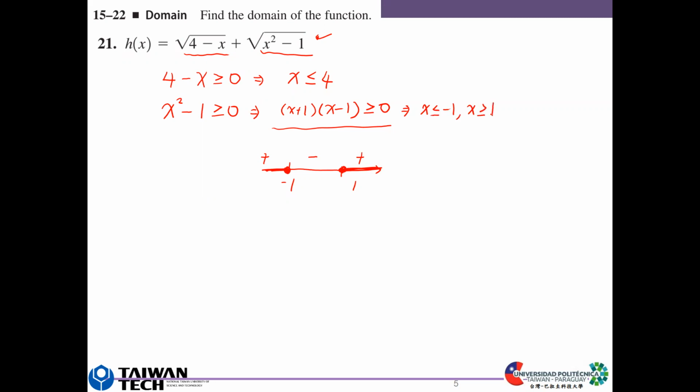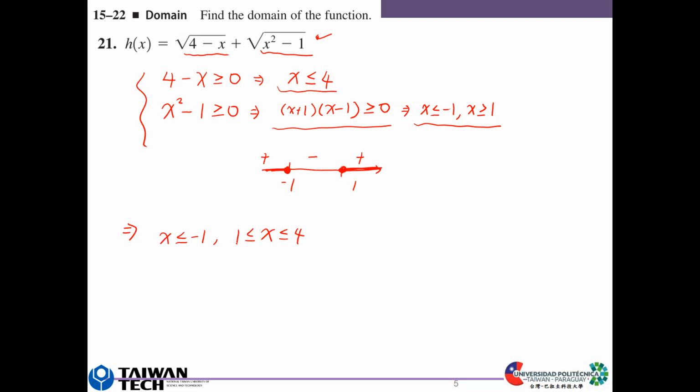So we know the domain of this function needs to satisfy these two conditions. Combining these two, we have x smaller or equal to minus 1, or x larger or equal to 1 and smaller or equal to 4.